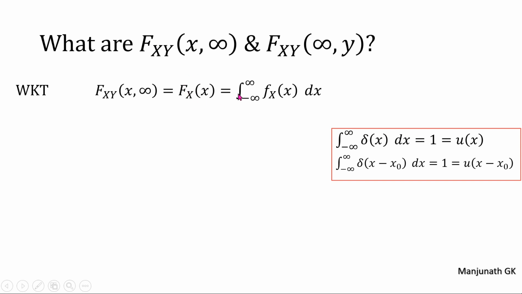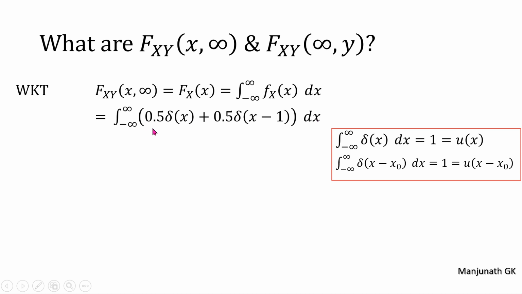It can be calculated by integrating the PDF with respect to x. This is the formula. We have calculated fx of x, substitute here and integrate this with respect to x.